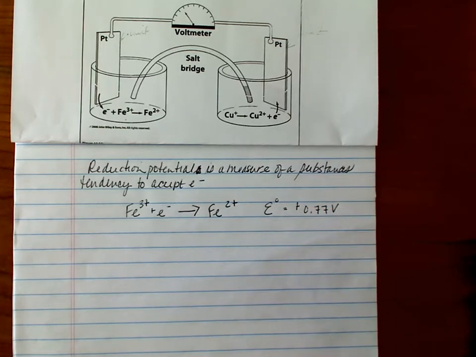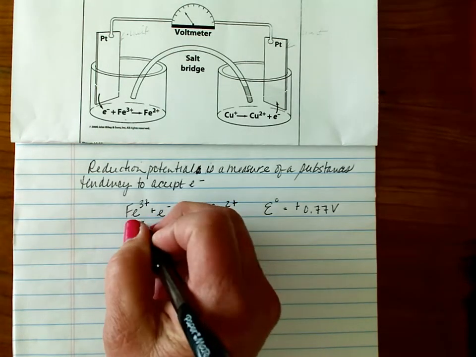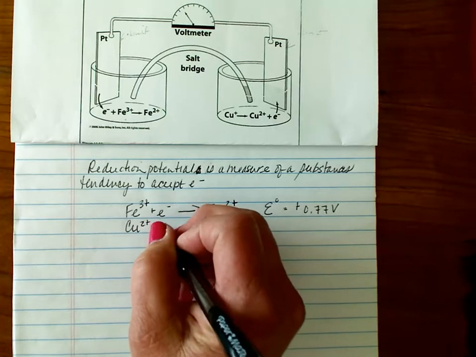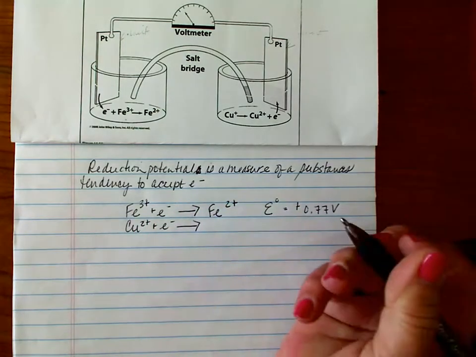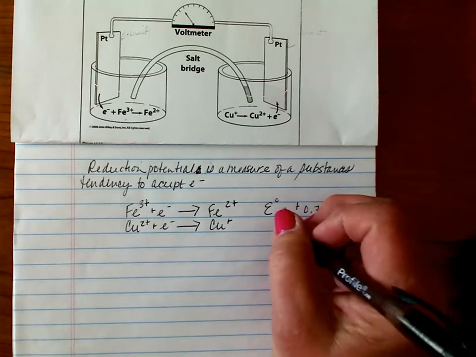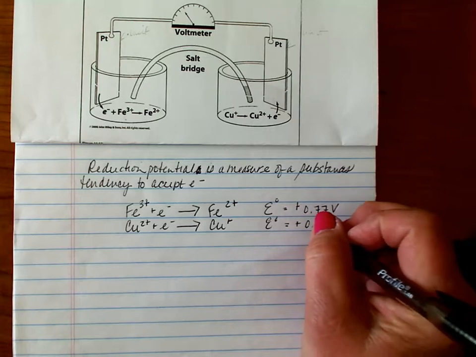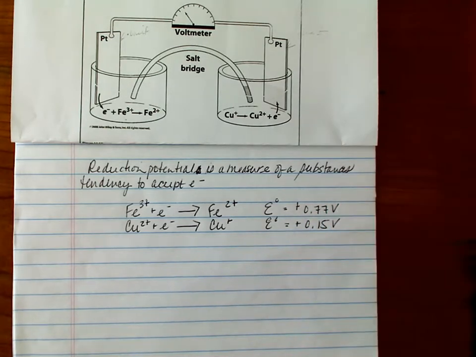And remember, the more positive the reduction potential is, the more likely that one will be reduced. I look up the same for the reduction of copper 2 plus. And again, these are all written as reductions, not oxidations. And that E of reduction is a positive 0.15 volts.